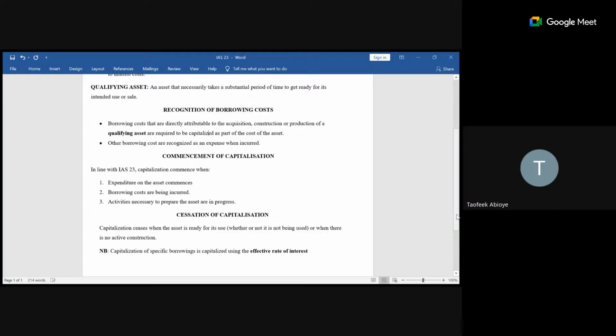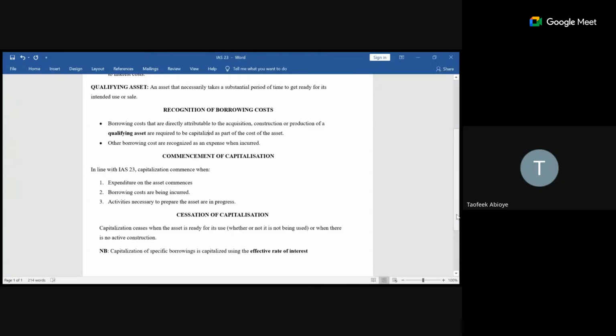Number 3, when activities necessary to prepare the asset are in progress. When these criteria are met, we commence capitalization of borrowing costs. When expenditure on the asset commences means when we start incurring expenses on that machinery. Borrowing costs being incurred means when you have acquired a loan.